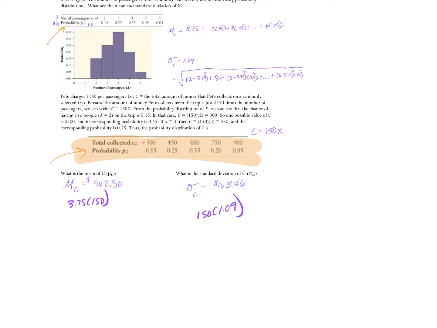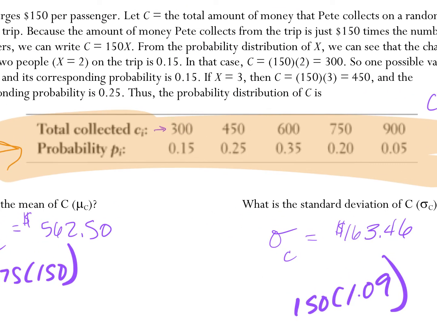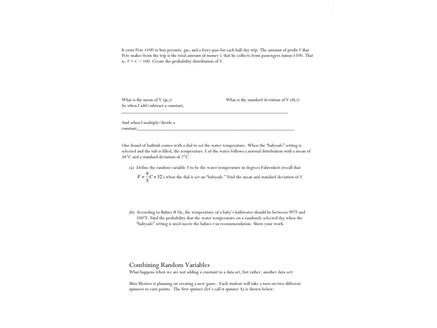What's going to happen to each of these numbers? This is how much he collects, but it costs him 100. They're all going to go down by 100, yeah? This is how much money he's collecting. After he pays the $100 for his gas, he's only keeping $200. Cool? All right.